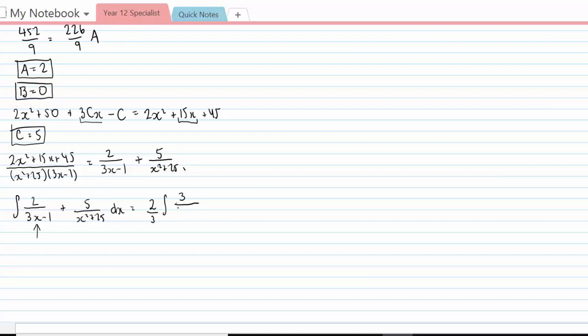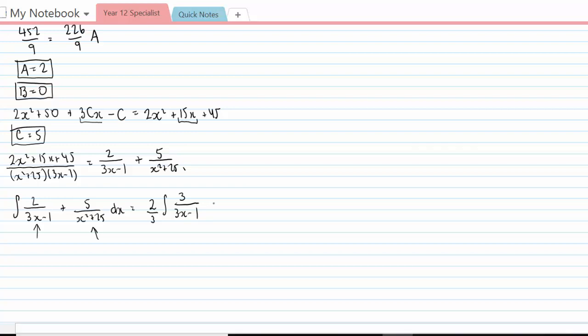And then we've still got a 3x minus 1 there. And the second fraction just here, whenever we've got an x squared plus some constant, we should be wary that this could potentially be an inverse tan function, which in this case it is. And it's actually quite a nice one at that.